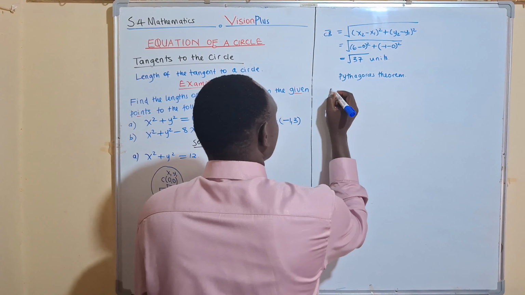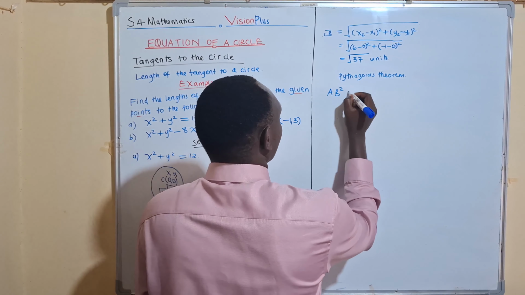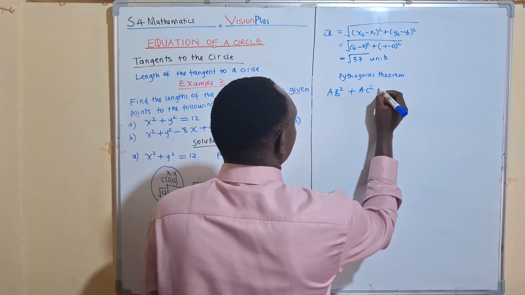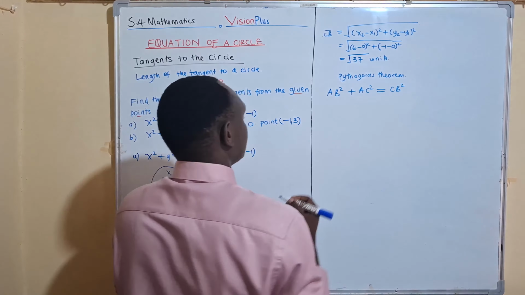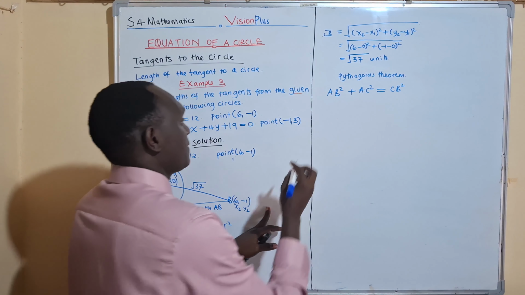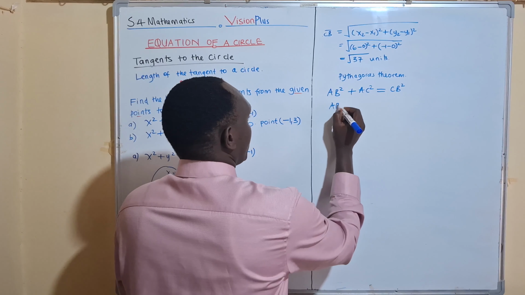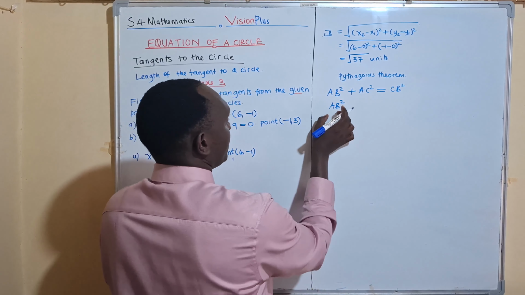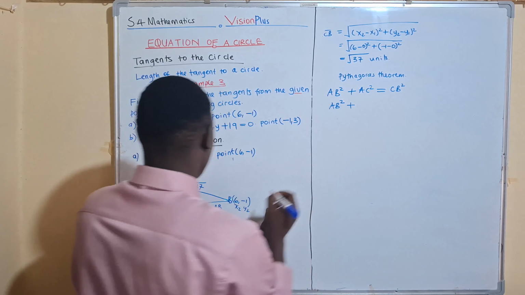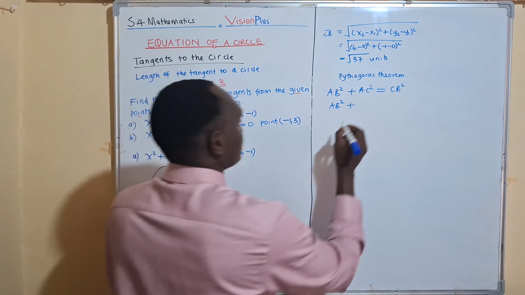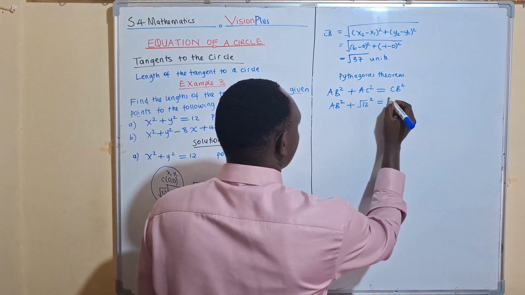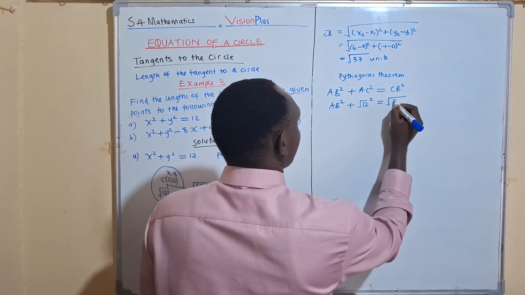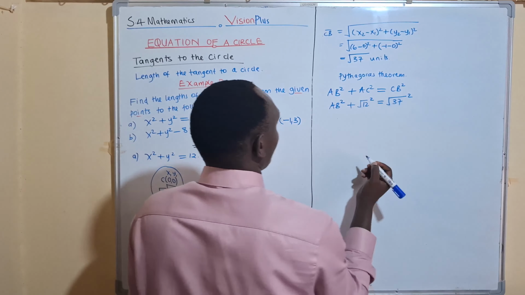So we say AB squared plus AC squared equals CB squared. We know that AB is what we are looking for. AC is root of 12, but the formula says squared. CB is root of 37, but the formula says squared.